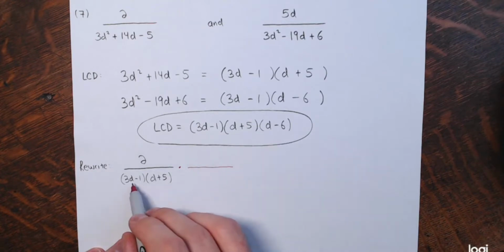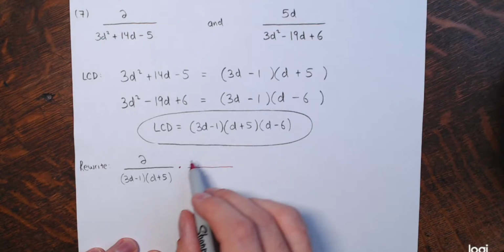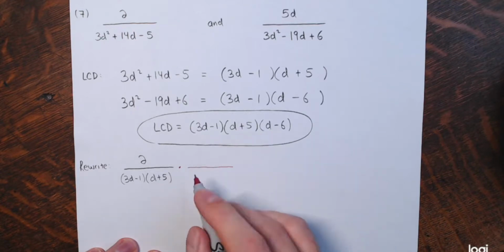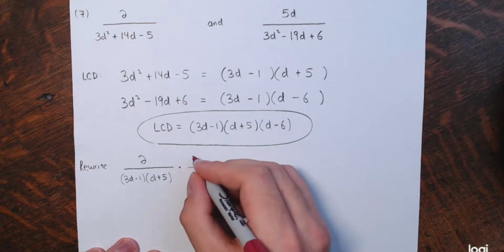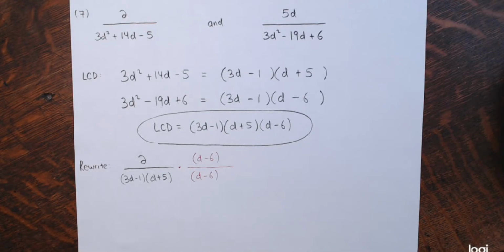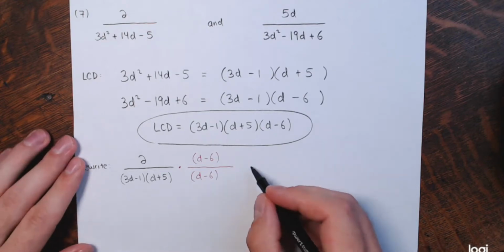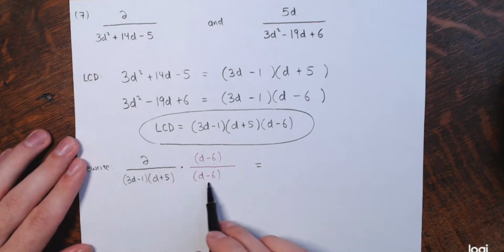Well, it's got a factor of 3d minus 1. It's got a factor of d plus 5. The only factor it's missing is d minus 6. So I multiply the denominator and the numerator by the quantity d minus 6. And when you multiply, you can write the numerator as a product, the denominator as a product.